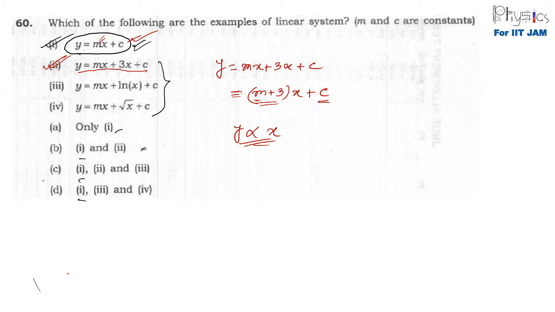Now next, that is 3. Here, y equals mx plus ln x plus c. Now see, what does ln x mean? Ln x means log base e of x, that is, it is a logarithmic function.